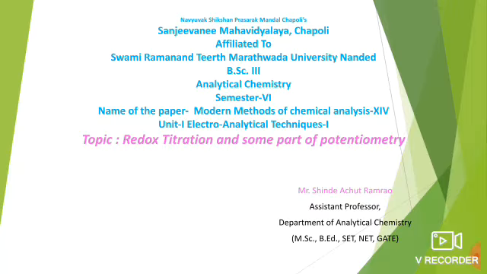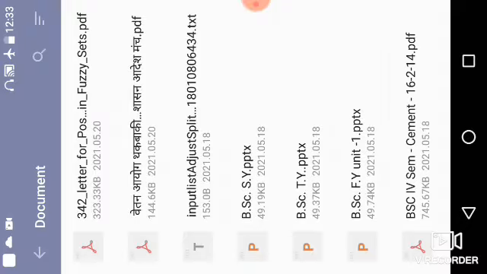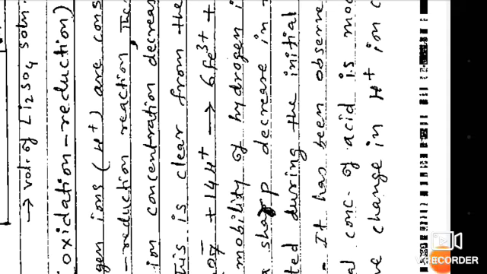Let's see what redox titration is and the nature of the titration curve, and after that we'll start with potentiometry, that is oxidation potential and reduction potential. So let's start with the redox titration.